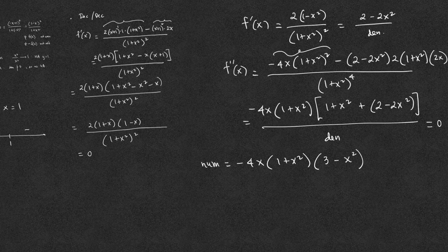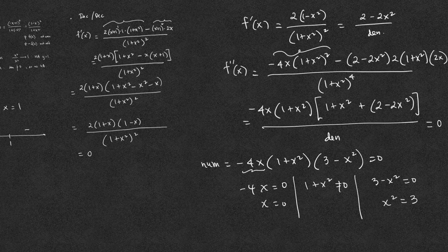This is 0 when negative 4x equals 0, the first factor, and so x equals 0. The second factor can never be 0. The last factor, 3 minus x squared, is 0 when x squared is positive 3, or x equals plus or minus the square root of 3.